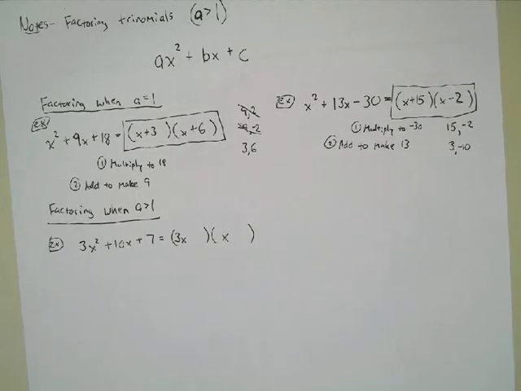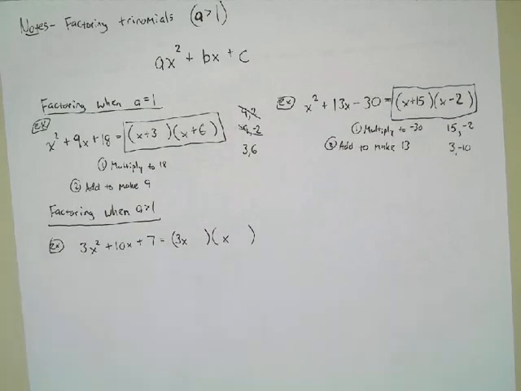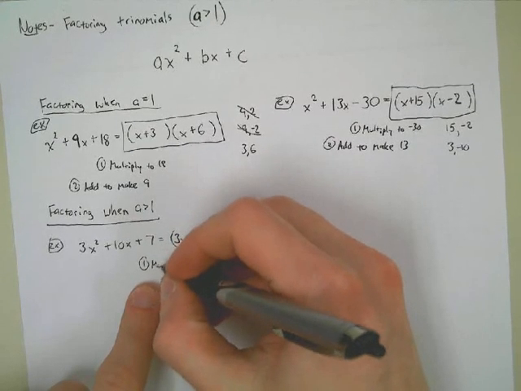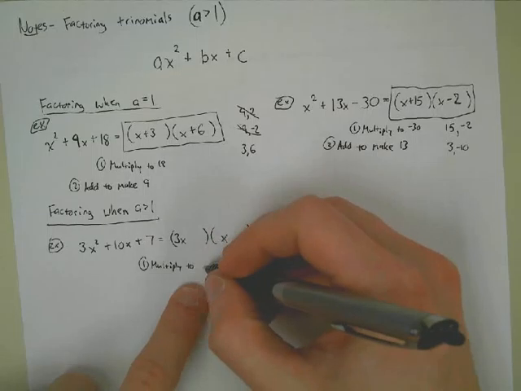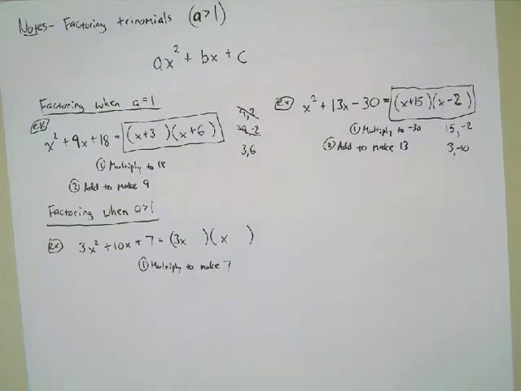So now we look, and again, we can kind of pick and choose here. We need two numbers that multiply to make 7. But then the tricky part is coming right here, because they're not going to just add to make 10, since we're going to be multiplying one of them by 3.